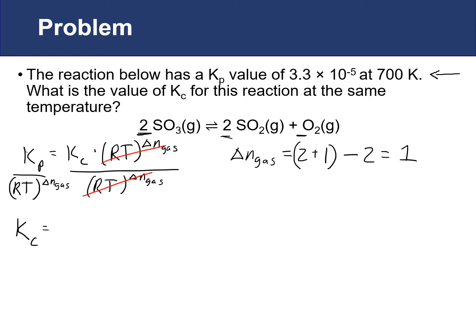So Kc is equal to Kp divided by our quantity RT to the delta N gas.